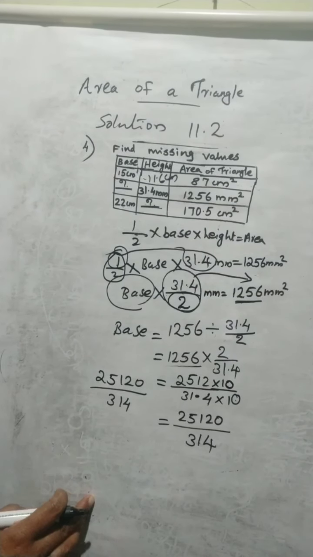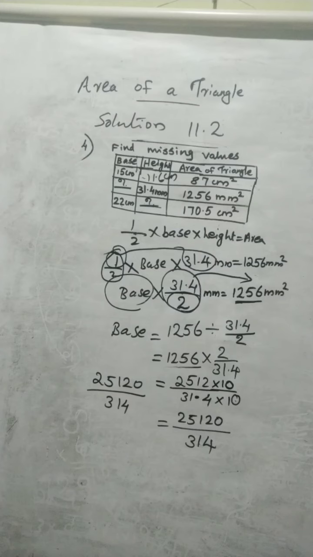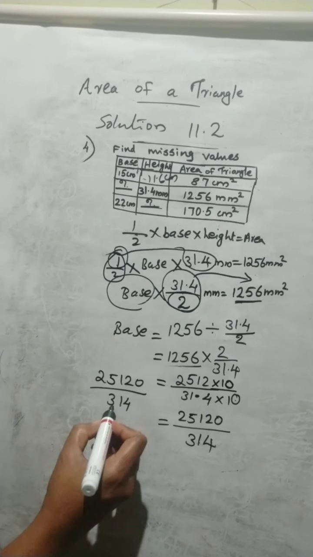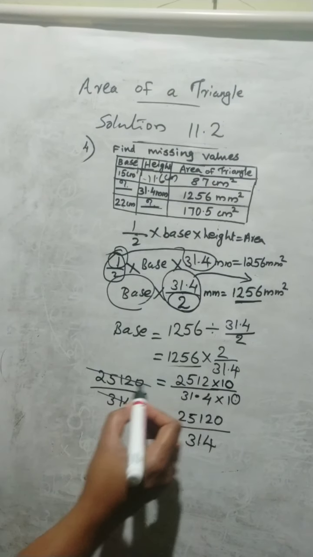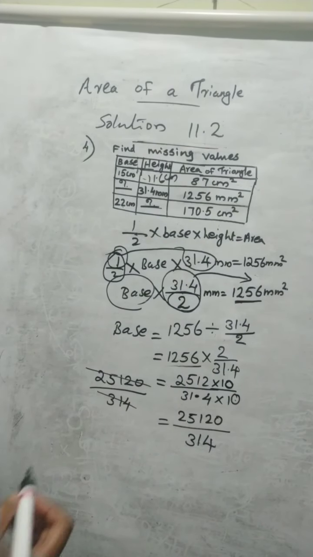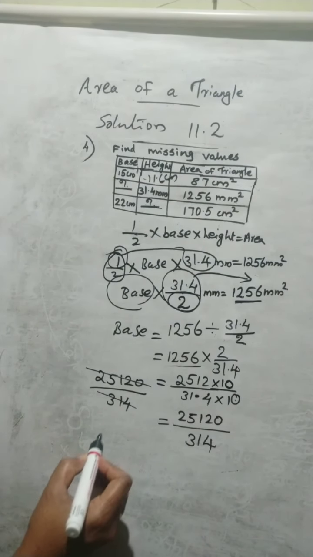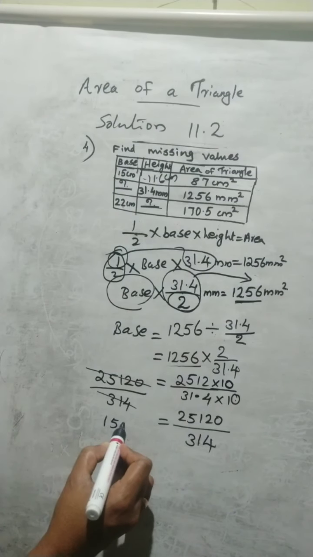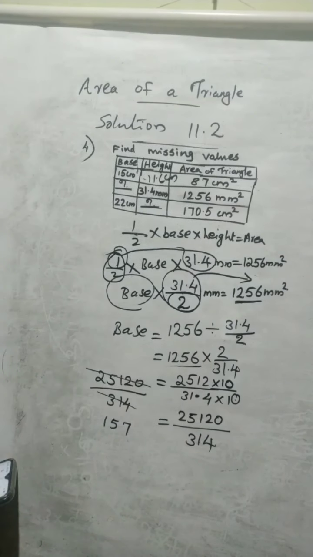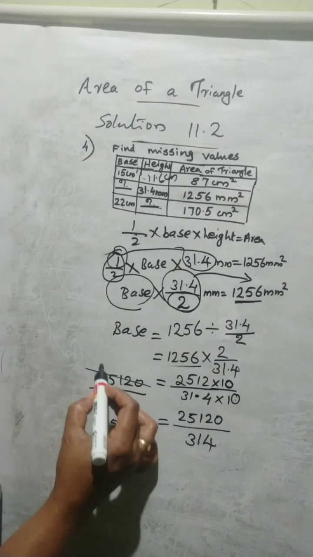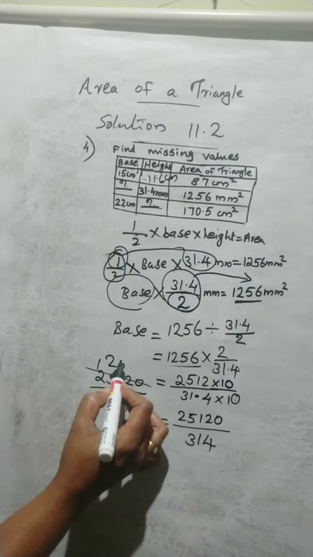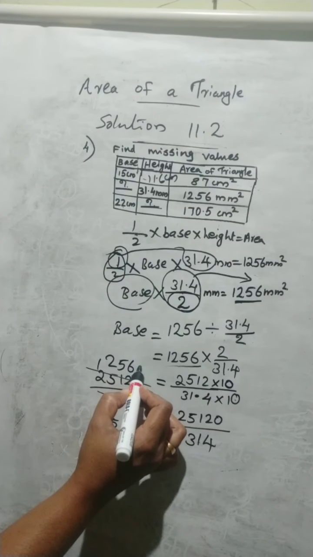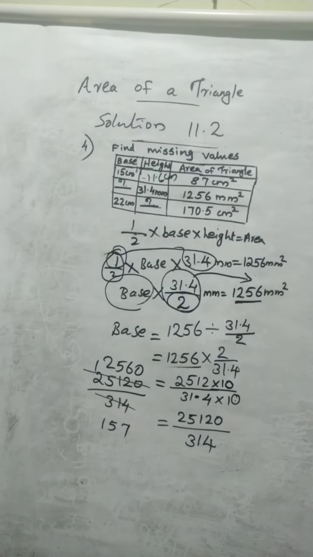So we can divide both numbers by 2. Okay. Then 314 divided by 2 is 157. And 25,120 divided by 2 is 12,560.